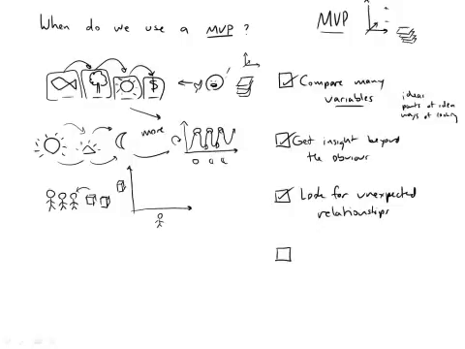And then what we want to do is look for something that's unexpected, not some one-to-one correlation, but maybe what we could do is map this in over time and volume.